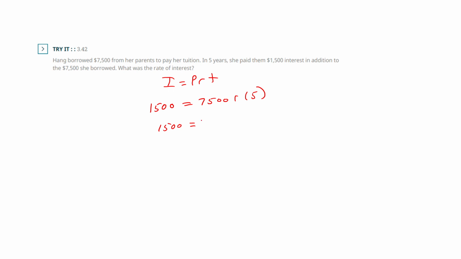Okay, I'm going to multiply these and just move it to the front. Divide both sides. Okay, dividing that to solve for R. Get 0.04 equals R. Get 4%.